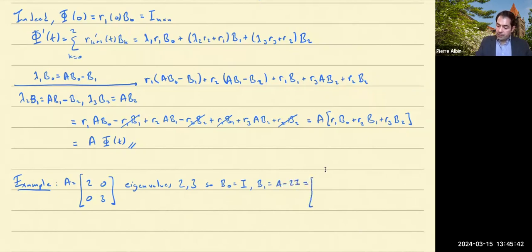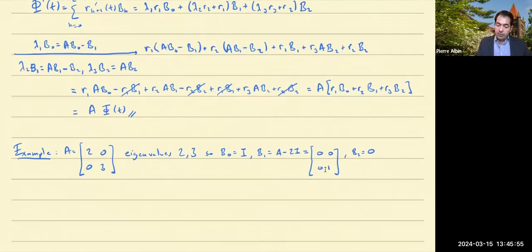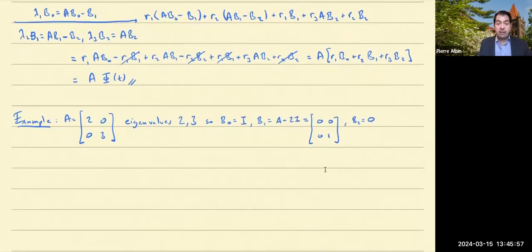So that would be 0, 0, 0, 1. And then B2, I don't need to compute. It's just equal to 0 by the Cayley-Hamilton theorem. So those are the B matrices. Now I have to find the coefficient functions R1 and R2. So here, R1 prime is equal to 2 R1 with R1 of 0 equal to 1.